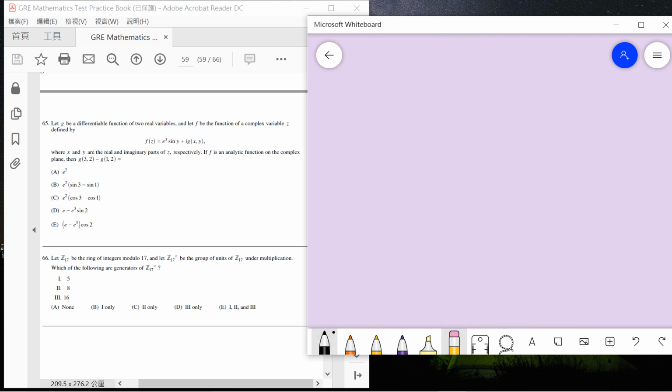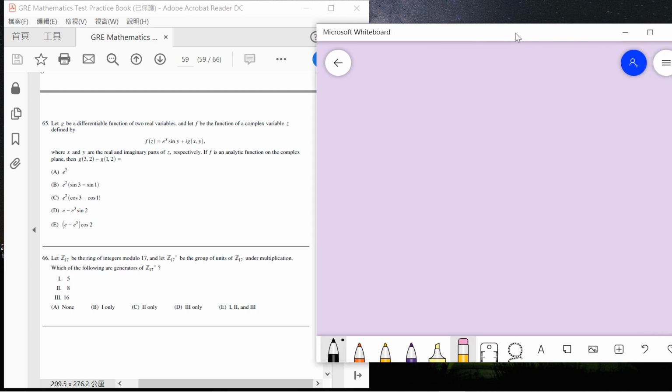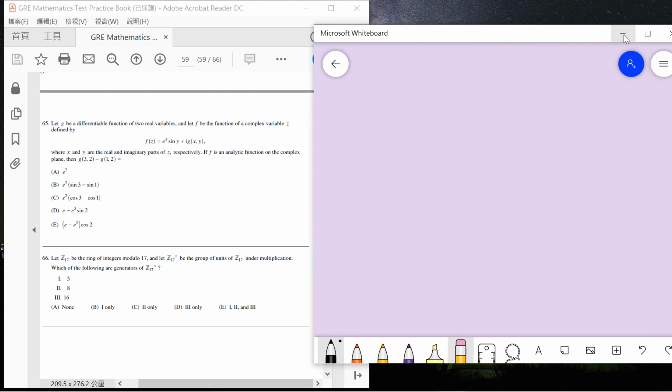Okay, so here comes this final question. Let Z17 be the ring of integers modulo 17, and Z17 times be the group of units under multiplication. Which of the following are generators? This problem can only be solved by brute force. I will link below the multiplication group structure, but in general for a prime number, there are no simple rules.